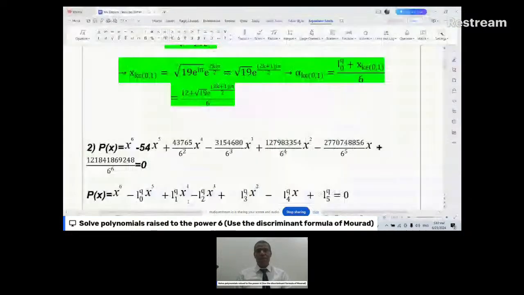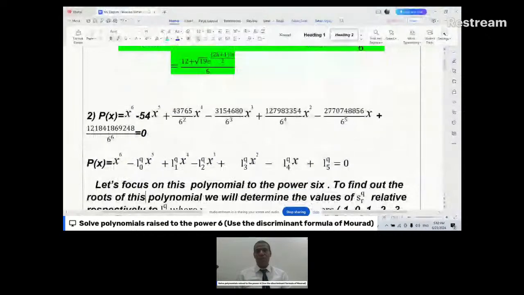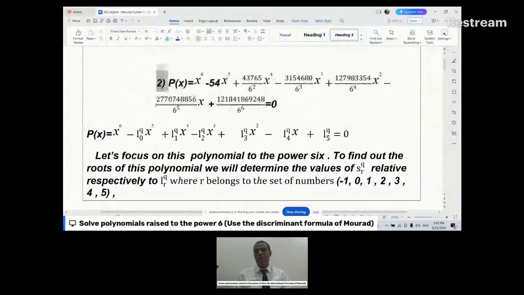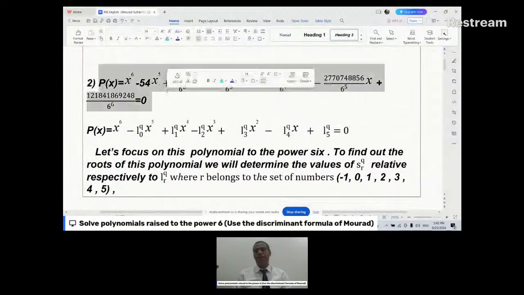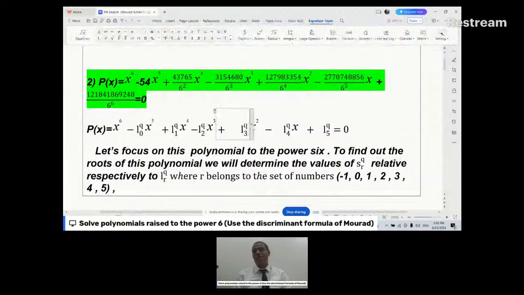Here, learners, you can see that this is a polynomial to the power 6. I'll make a green color for it. It is a polynomial to the power 6 simply because the highest power here is 6.